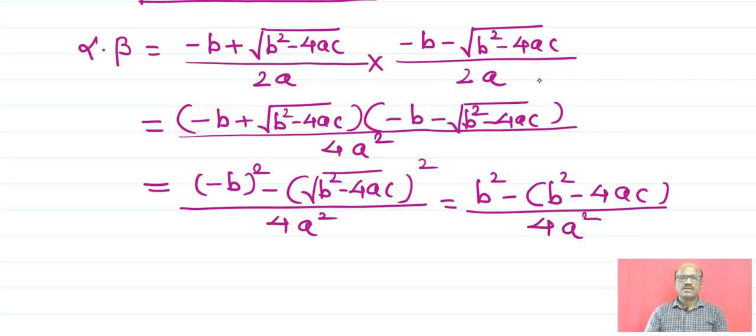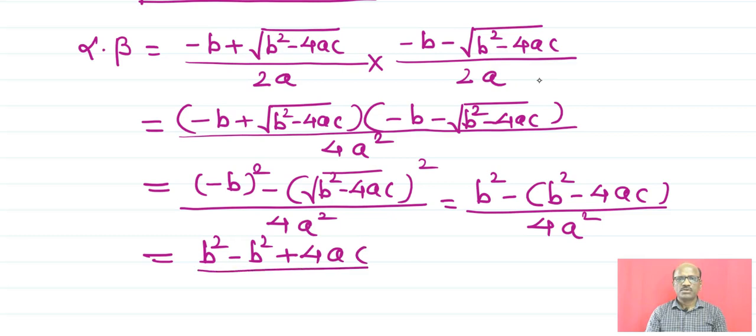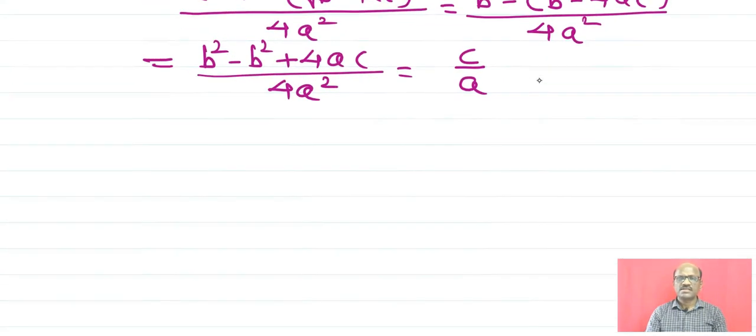If we simplify the bracket, then you will get b square minus b square plus 4ac upon 4a square. Therefore, 4ac upon 4a square: 4 gets cancelled, a gets cancelled, you will get c upon a.